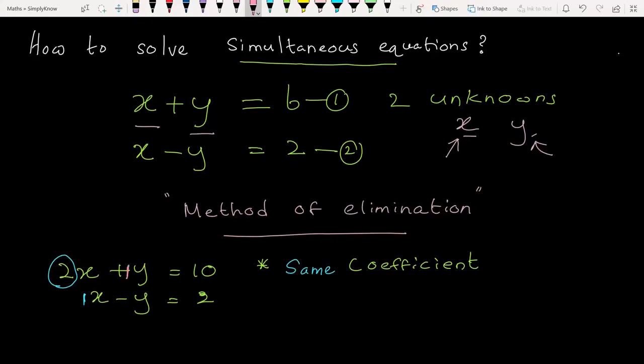Even in the second equation, the coefficient of y is 1. Now don't consider the sign. Just check the coefficients. So y has the same coefficient in both equations. Therefore, we are going to eliminate y. Let's eliminate y.